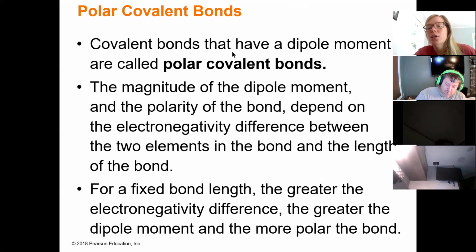How large the dipole moment is, or that asymmetry, depends on the electronegativity difference between the two elements. If the two elements have a really similar electronegativity, they won't have a very strong dipole moment. They won't be a strong polar covalent bond. If they have a large difference, then we will have a larger polar covalent bond.